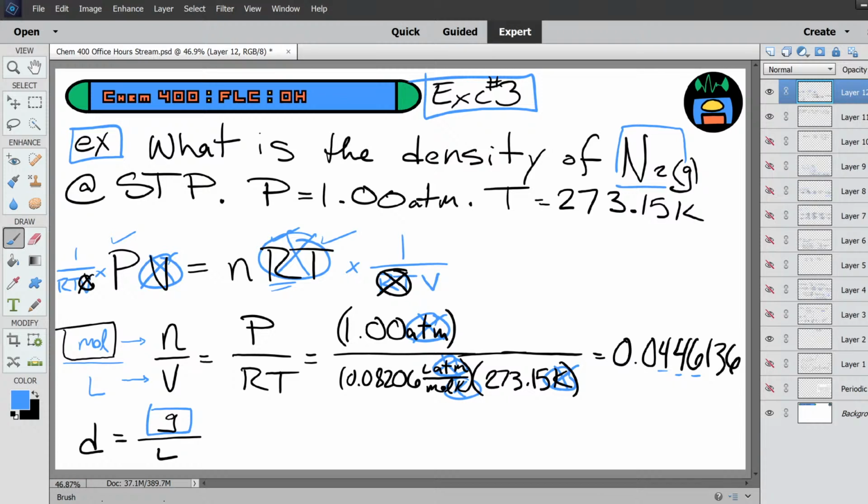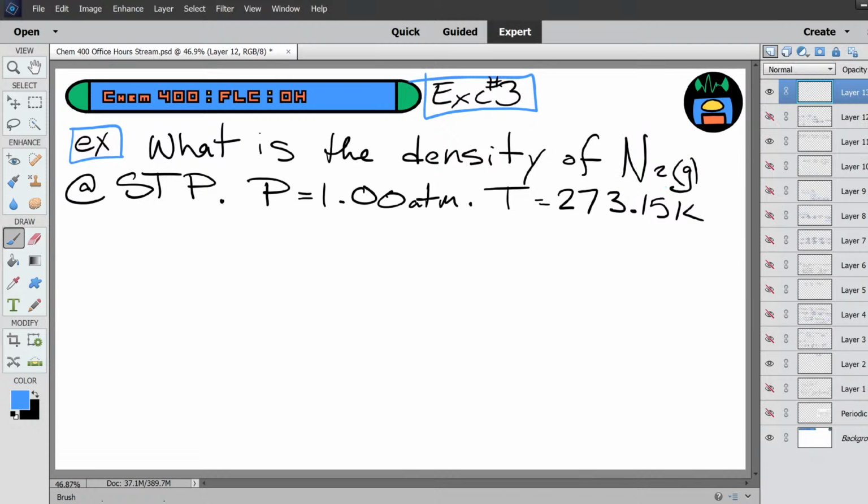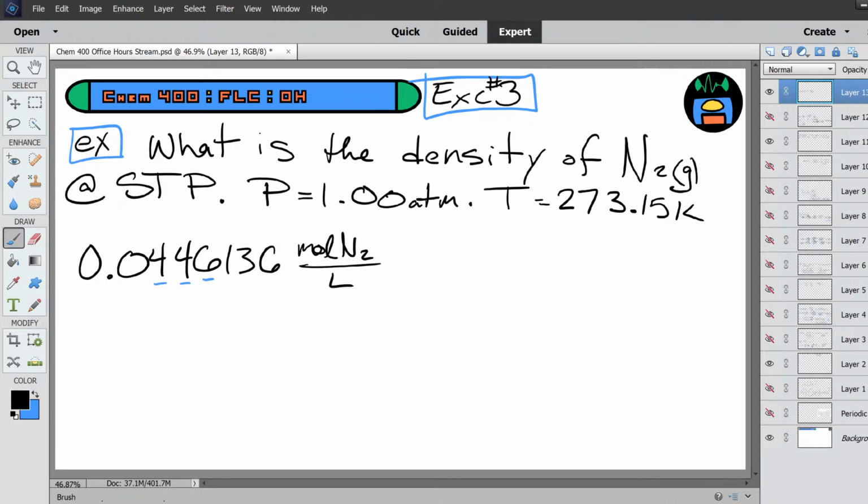But this is, I'm going to bump it over to a new slide. 0.044636. These are moles of N2 over liters, and this has 3 sig figs, as we said before. So all we need to do to find our density is convert moles to grams.